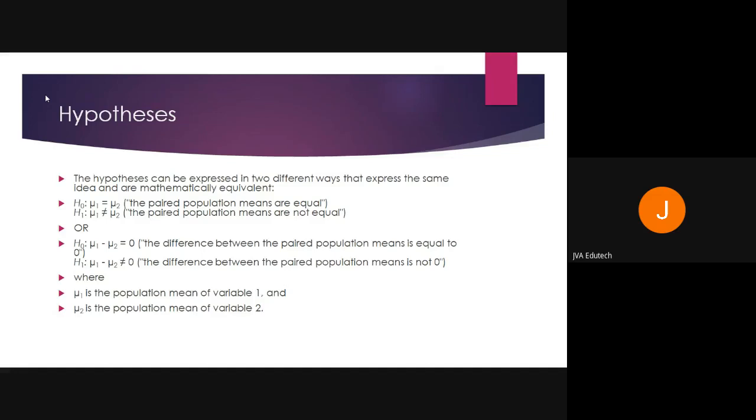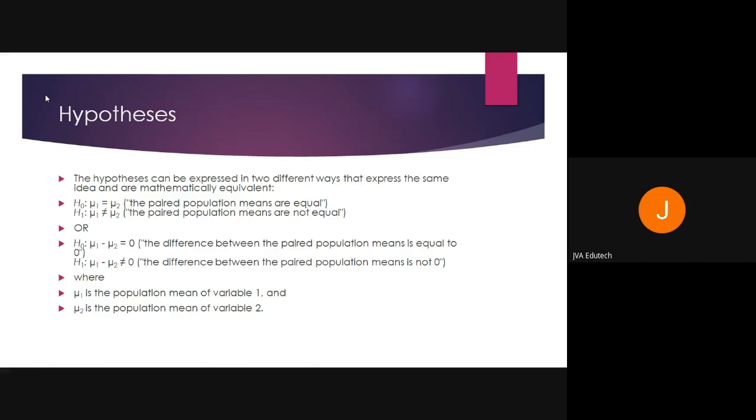So the hypotheses are: mu1 is equal to mu2, that is, the paired population means are equal, and mu1 is not equal to mu2, that is, the paired population means are not equal. Here mu1 will be the population mean under the first situation, and mu2 the mean under the second situation. The null hypothesis is that the means are equal, meaning no significant difference exists.